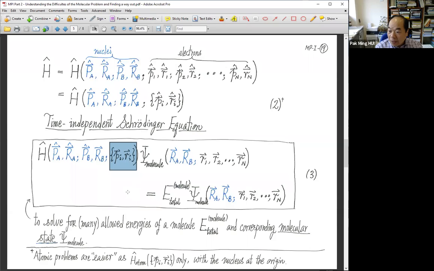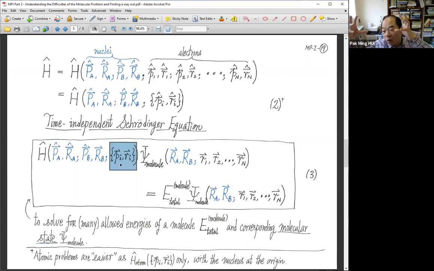So we will freeze this, and then look at the electronic part of the problem. We will get some eigenvalues, called electronic energy, but not the total yet, because as I try to convey throughout today, there are additional energies, vibration and rotation.